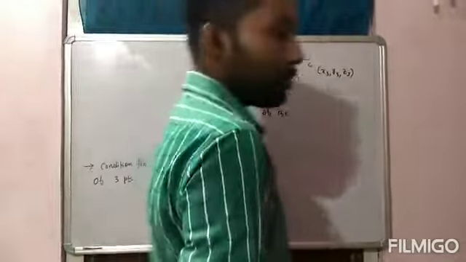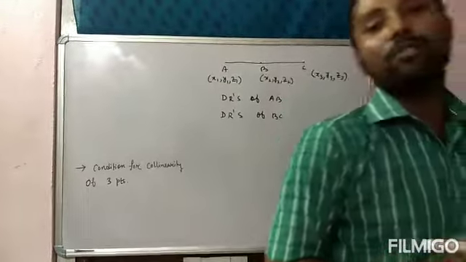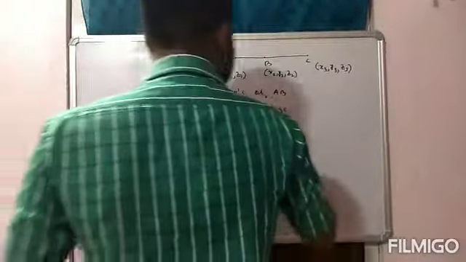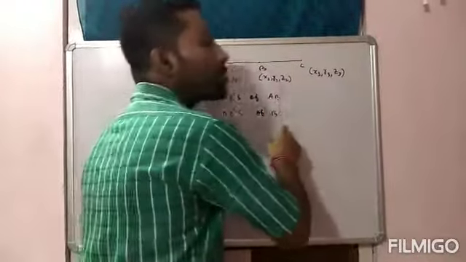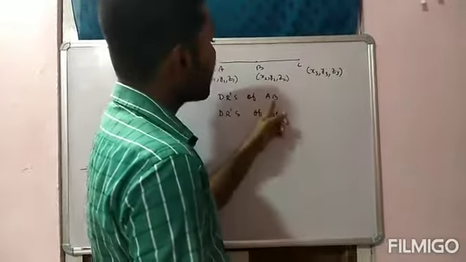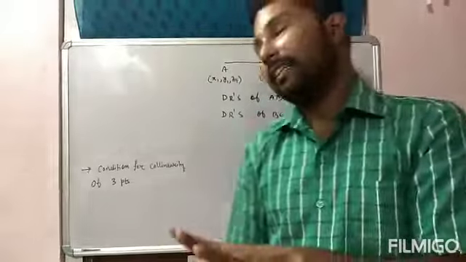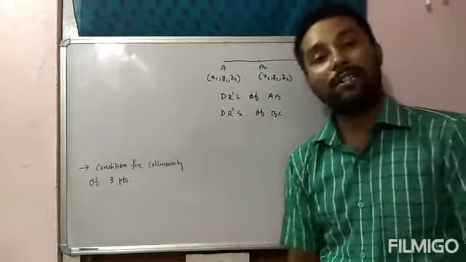If the direction ratios of AB are proportional to the direction ratios of BC, then only we can say that the 3 points are collinear.